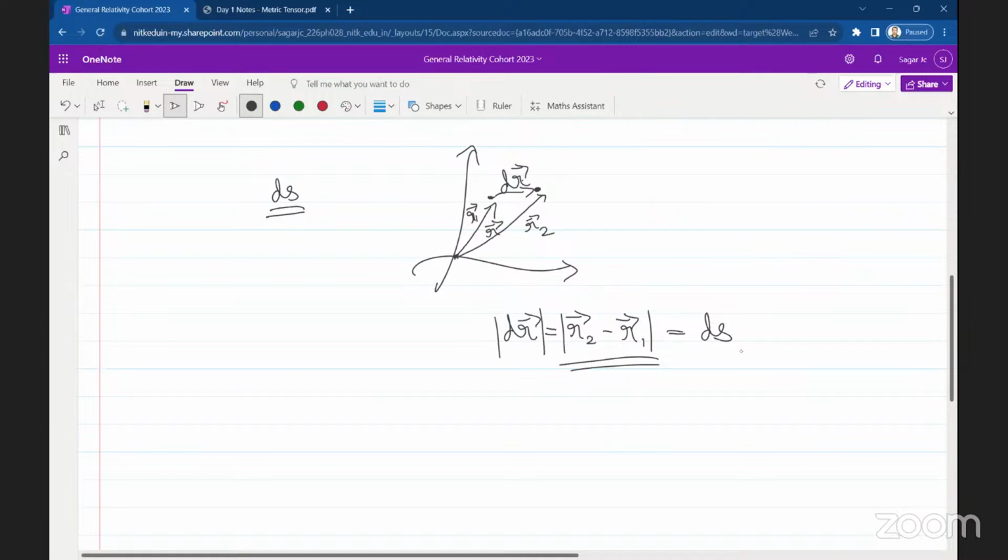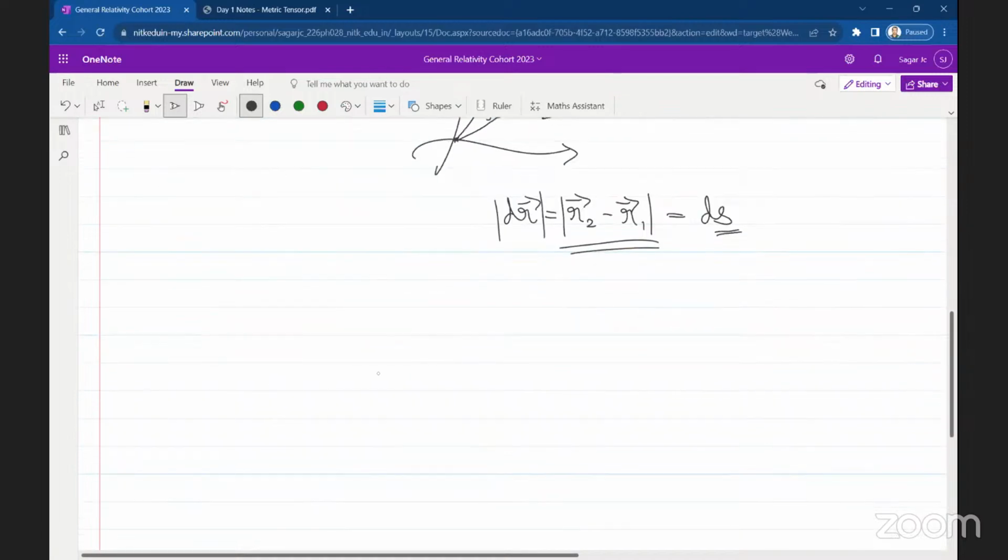Now this ds is an invariant quantity. It's a scalar. If you see this displacement in other coordinates, for simplicity consider this Cartesian coordinate system, and you have some ds here. If I rotate these coordinates in this manner, this ds value will still not change, right?